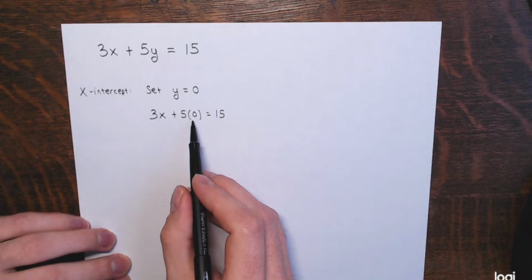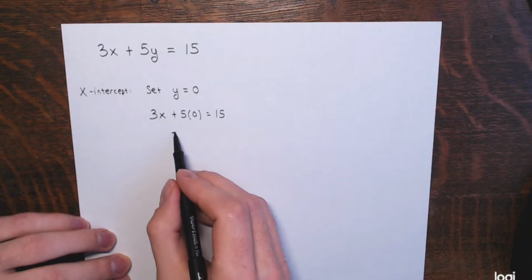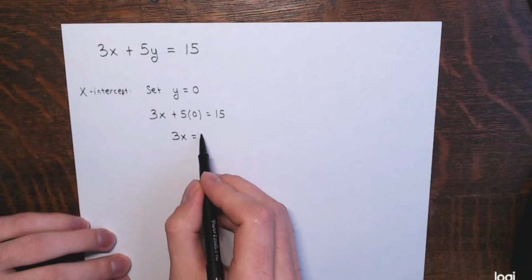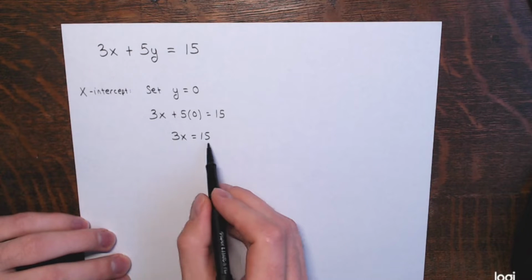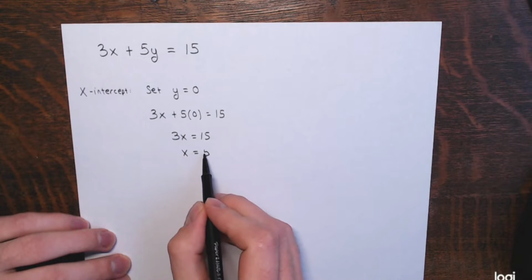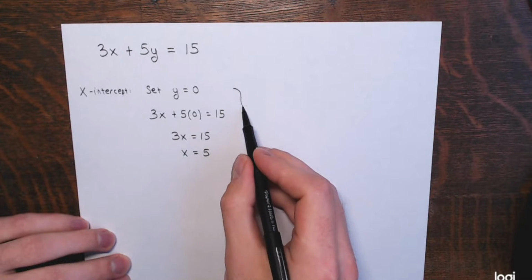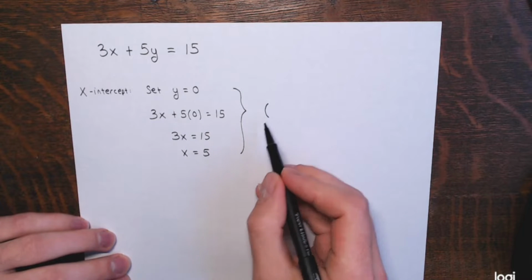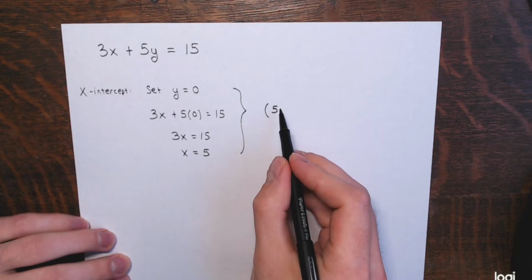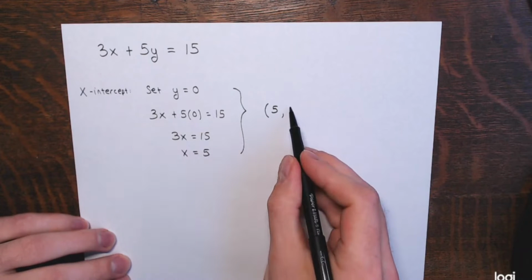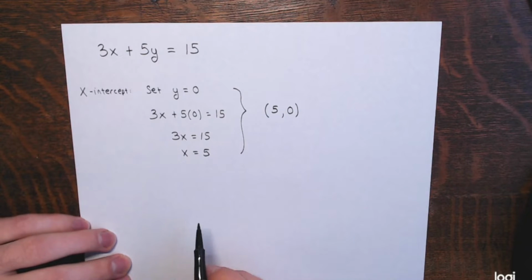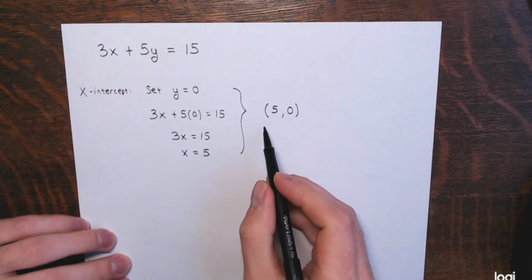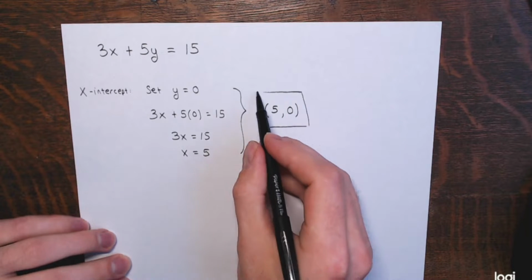So that's gone, and I'm left with just 3x on the left equals 15. And then dividing both sides by 3, I get x equals 5. And putting these together, the x-intercept is the point 5 for the x-coordinate, comma, and then of course 0 for the y-coordinate. And this is one of the answers they want.